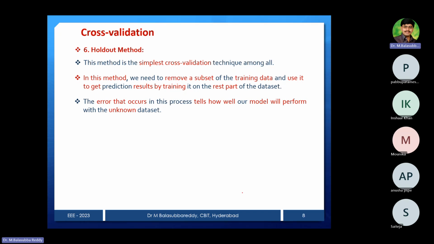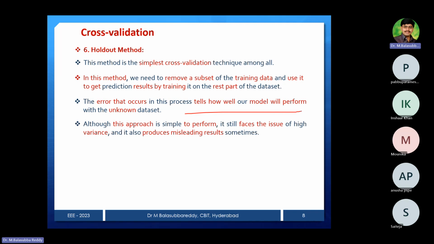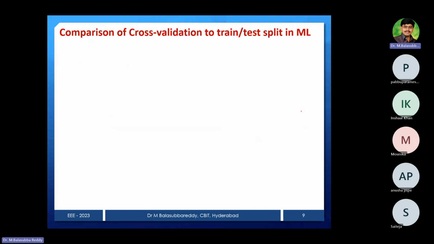Normally, if an unknown data set is passed, how well it performs tells us the efficiency of the model, whether it is giving any error in prediction. It is simple to perform, but it still faces the issues of high variance and sometimes produces misleading results. This also has some drawbacks.